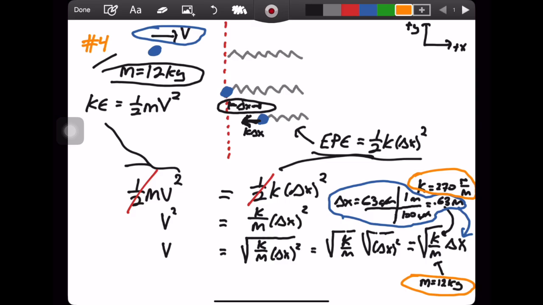You take the square root of the ratio of k over m, and then finally you multiply by the amount in which the spring was squished from its equilibrium length to its maximum squishing length, if you will. That is the point when the mass comes to a rest.